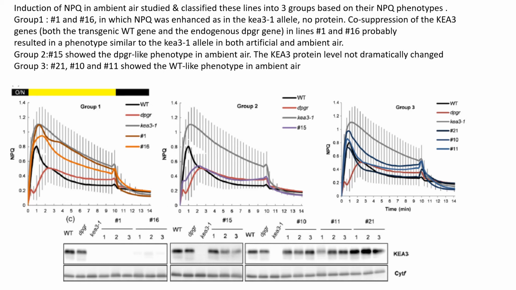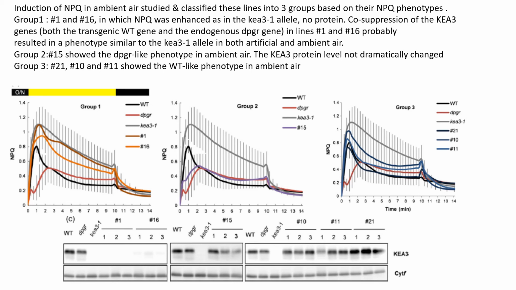Co-suppression of the KIA3 genes, both the transgenic wild type gene and the endogenous DPGR genes in lines 1 and 16, was probably producing a phenotype similar to the KIA3 knocked out allele in both the artificial and the ambient air environments.